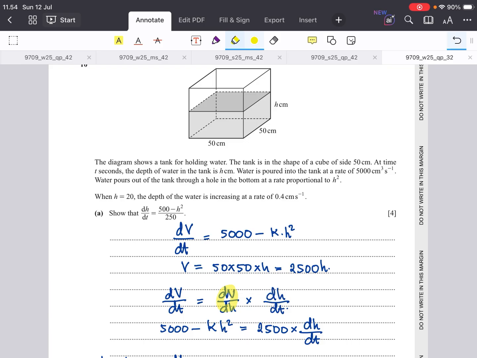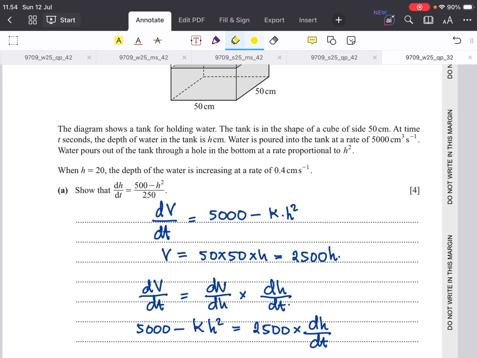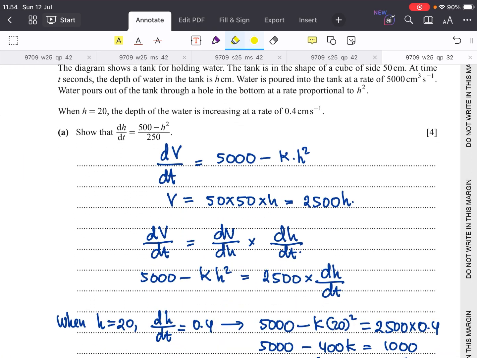This is the chain rule. dV over dh is the derivative of 2,500 h, which is 2,500, the differentiation with respect to h. And then this one, dh over dt, we rewrite it again, while dV over dt is 5,000 minus k h square.